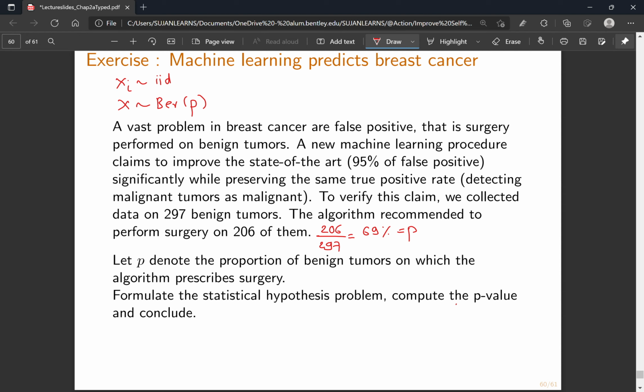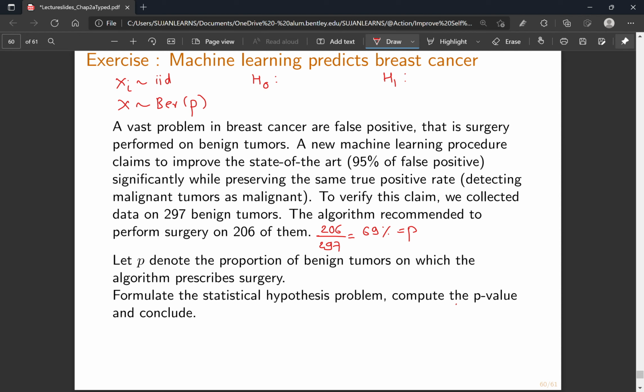Knowing that, we need to formulate the hypotheses. What is the null hypothesis here? Let's start with the alternate hypothesis. What we want to prove is that the machine learning algorithm which we just developed is better than the current state of the art, which is 95%.